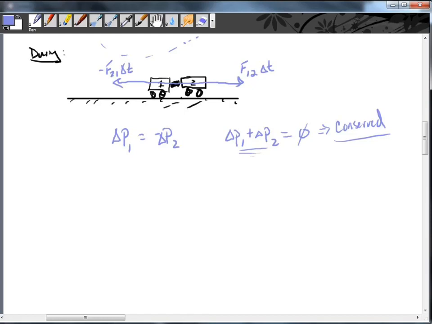Delta P1 is going to equal the mass of 1 times the velocity of 1 final minus the mass of 1 times the velocity of 1 initial, plus the mass of 2 times the velocity of 2 final minus the mass of 2 times the velocity of 2 initial.